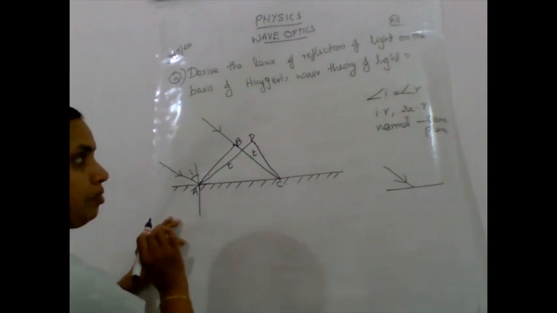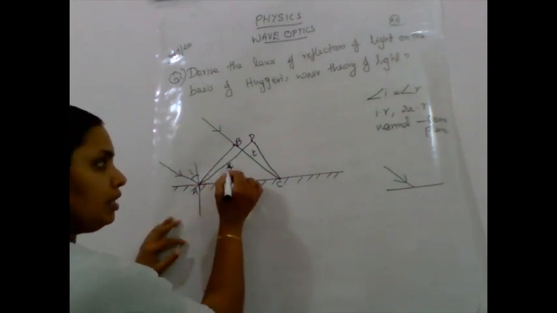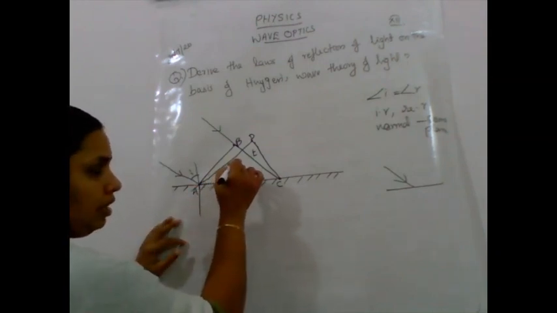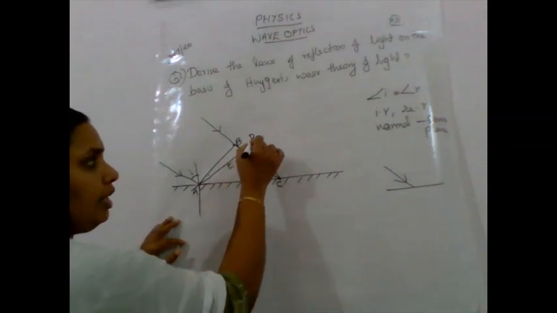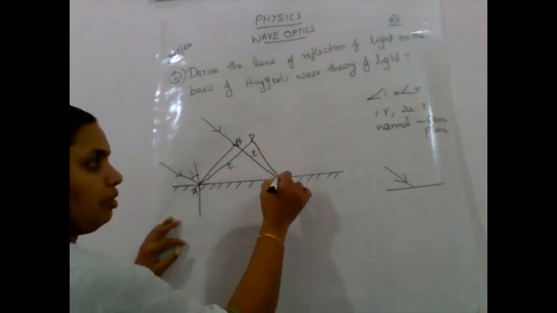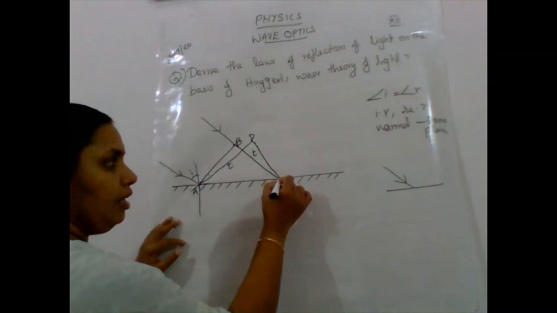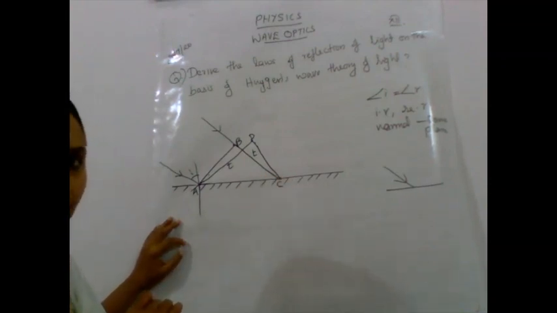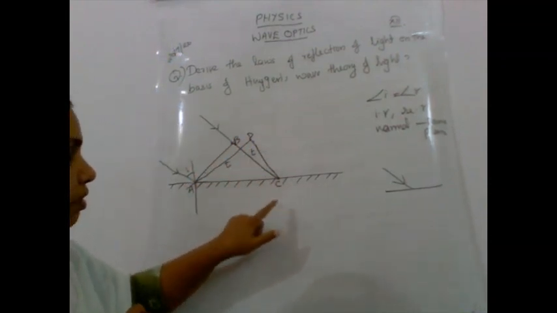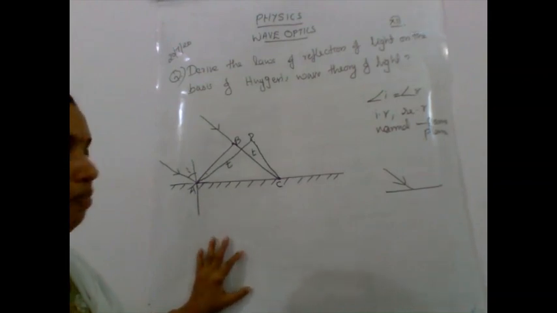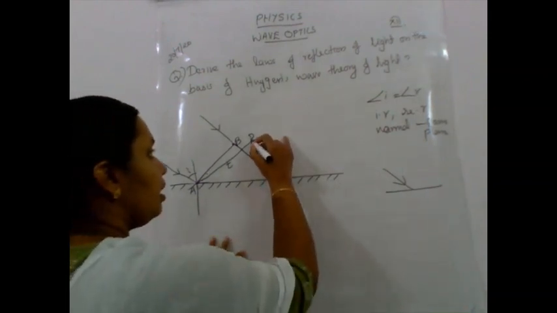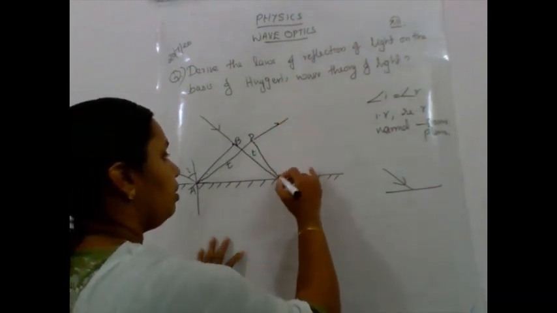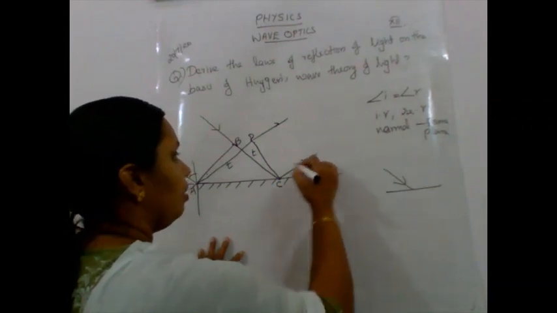So one by one, at the next second, and the next second, like that, this will reach here. Okay. So at T, B will reach C. So joining all the points, we will get a reflected wavefront. And what will be the direction? The perpendicular drawn, that is the ray, will give you the direction.